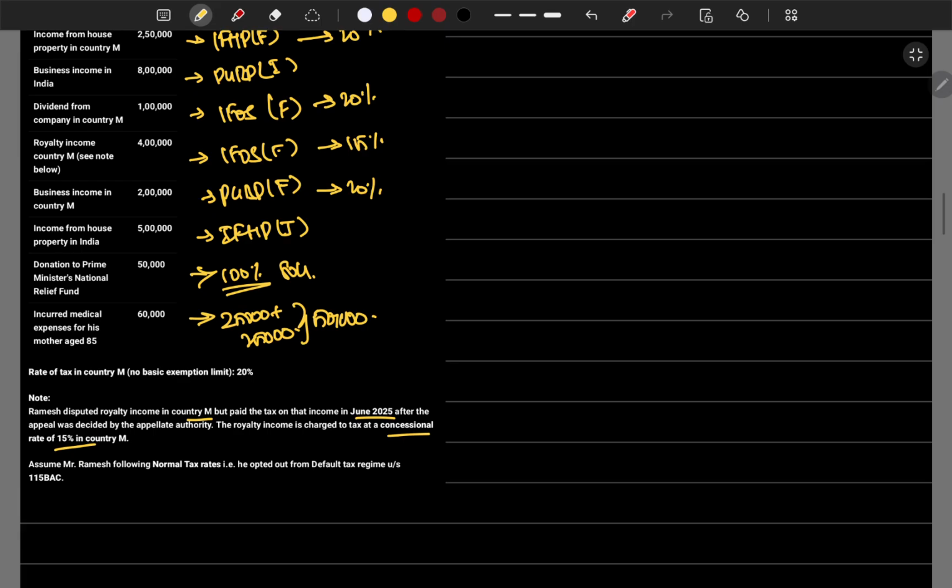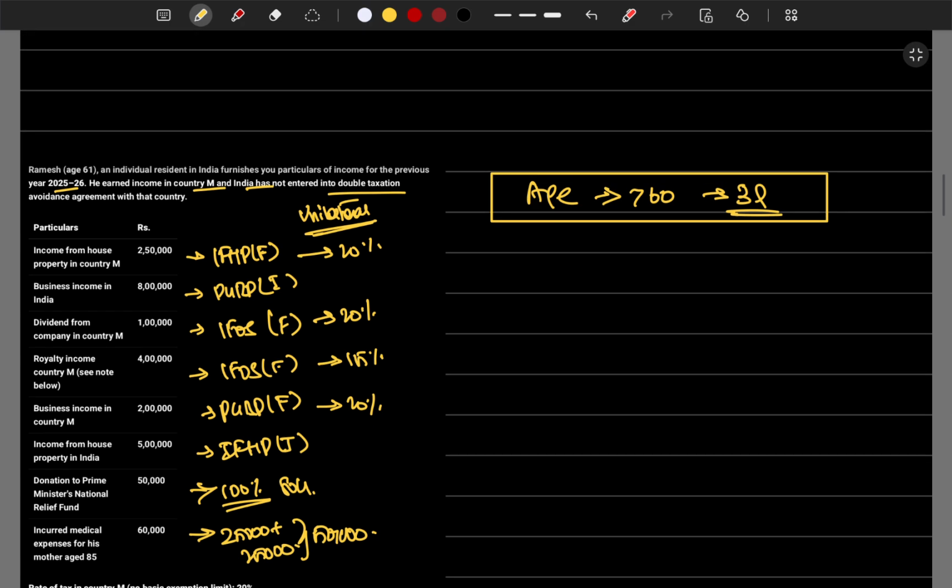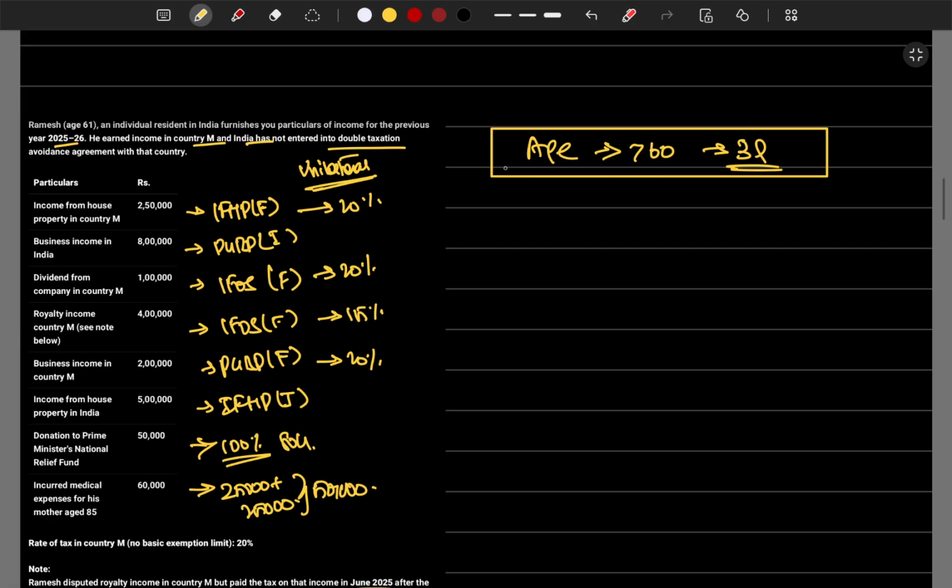Okay. They have asked us to find out the tax liability under normal tax regime. So we'll slowly solve this problem. Particulars, rupees.